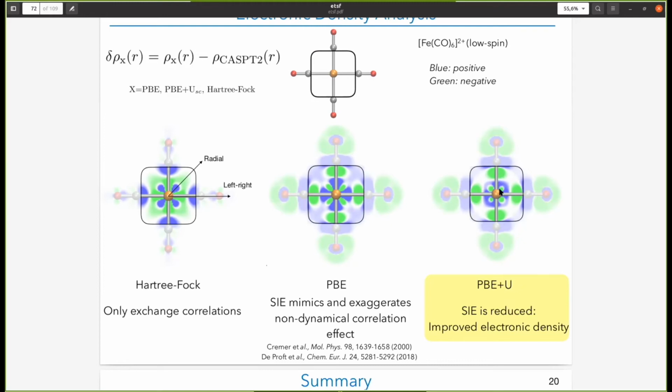So somehow you can think that the V is counterbalancing the effect of U, also on the density. You cannot see it by eye, but by plotting the result we saw that it is much closer to PBE. So the effect of V goes in the direction of PBE. And yes, it can be computed ab initio.